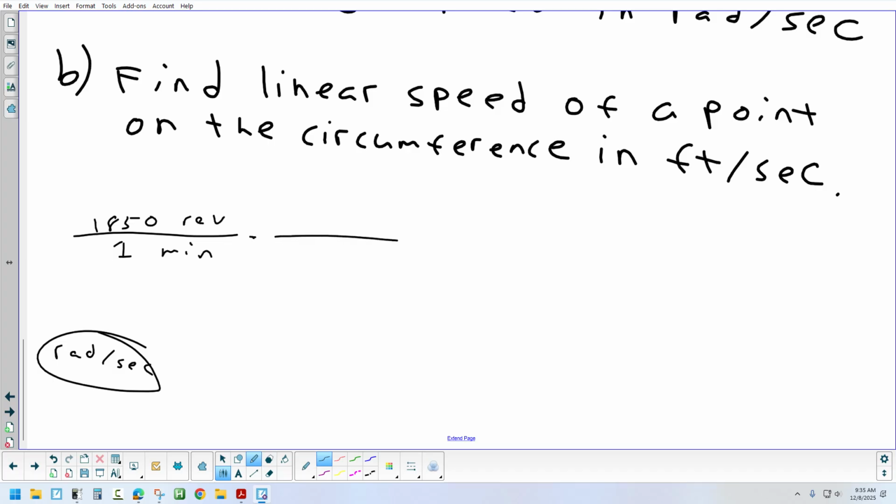Okay, can somebody give me my first conversion to get the revolutions per minute into radians per second? Yep, 1 minute over 60 seconds. In 1 minute, there are 60 seconds. Yep, perfect. And I need one more conversion.